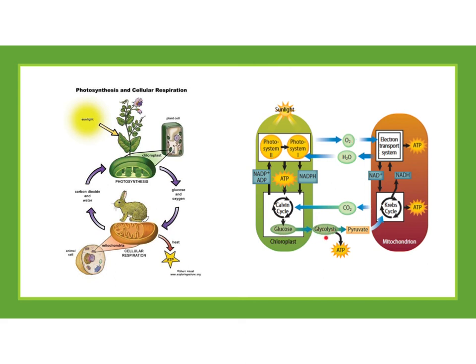Okay, so that is going to go through glycolysis and produce ATP. And then that pyruvate continues through the Krebs cycle, which is going to produce more ATP, and continue through the electron transport system, which finally produces a bunch of ATP. It gives off water, which is needed in photosynthesis. Okay, so we can follow that cycle.